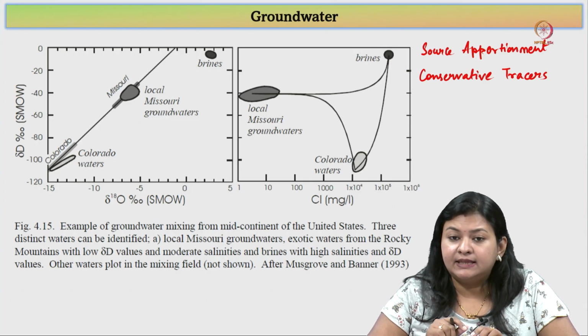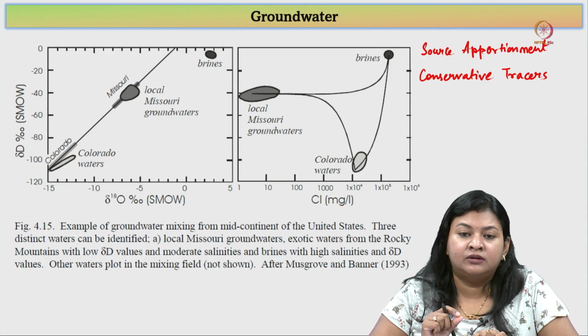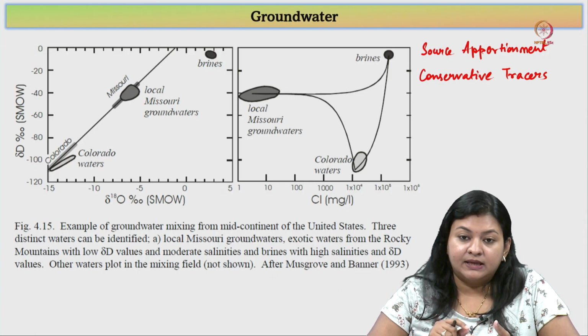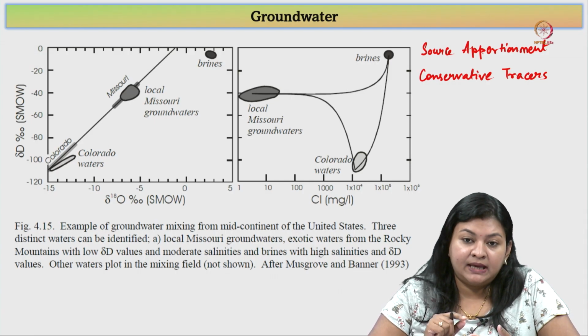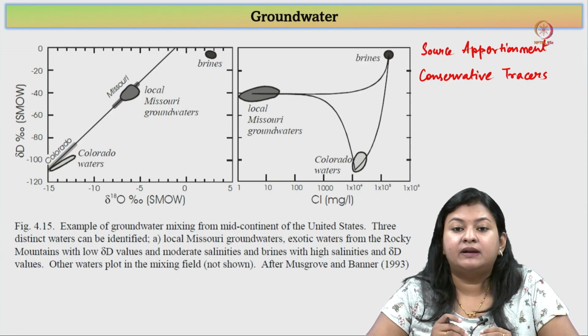In this conservative tracer mixing, even if there are slight changes due to physical processes, we believe that we will be able to capture that through some kind of assumption.